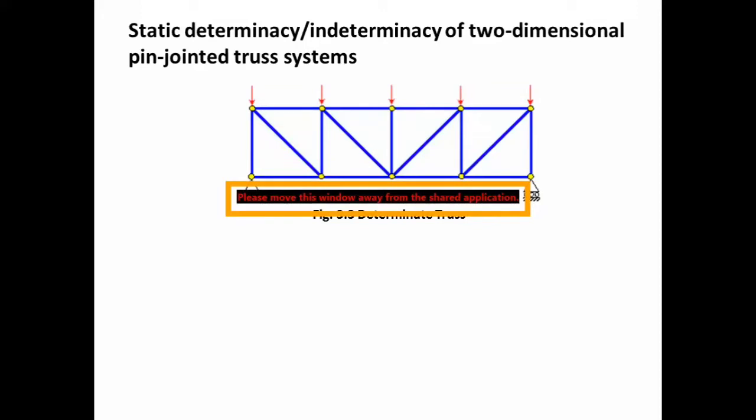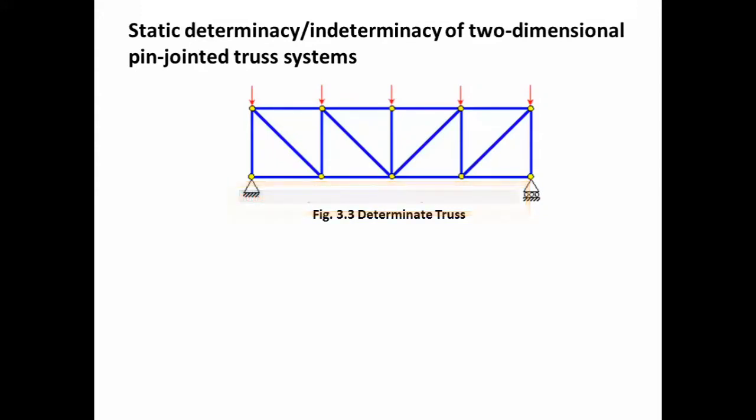17 members. Okay. Number of reactions? 3. So M plus 3, R is how much? 17 plus 3, 20. Now you have to subtract from this 2J.